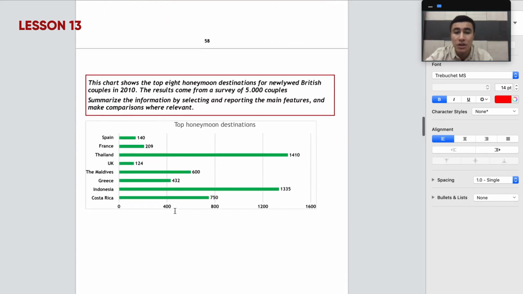And here you have another example. This chart shows the top 8 honeymoon destinations for newlywed British couples in 2010. The results come from a survey of 5,000 couples.